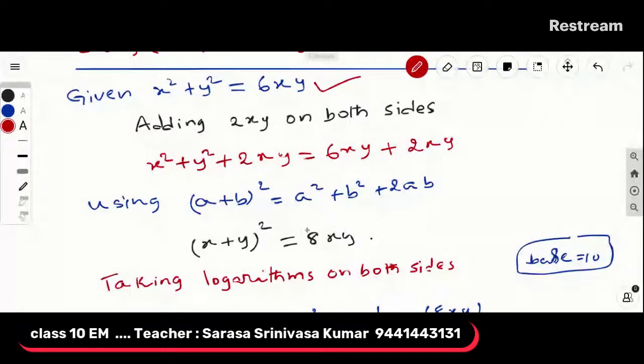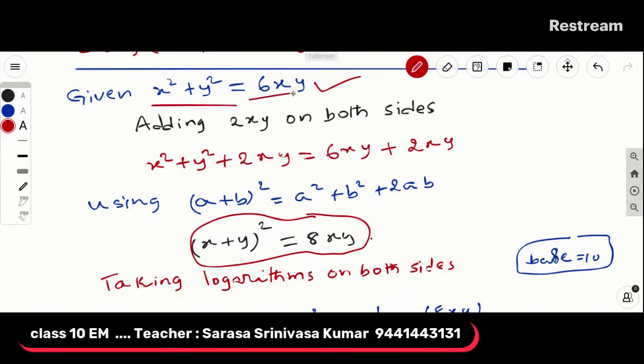Now, we want to get (x plus y) whole square on the left hand side of this term. On the left hand side, we have x square plus y square. To get (x plus y) whole square on the left hand side, we should add 2xy on both sides.